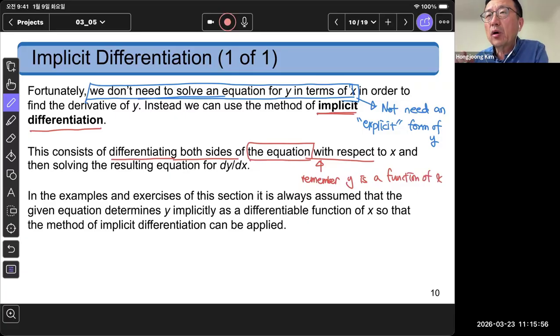Even though we do not know the explicit definition of this y, we know the fact that this y will be some function in x.